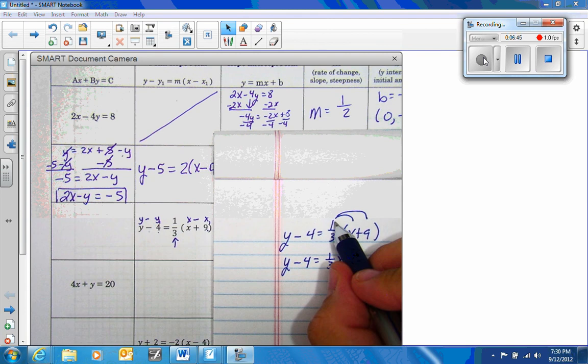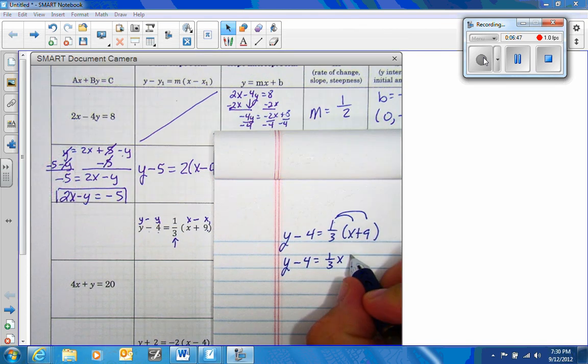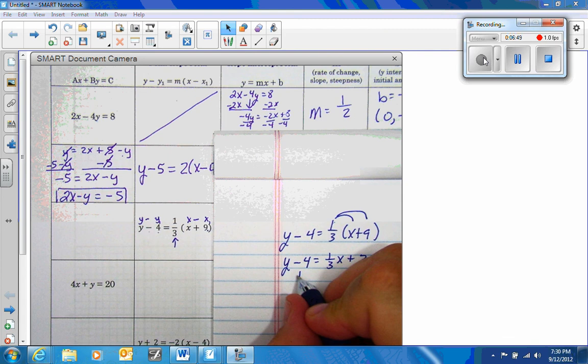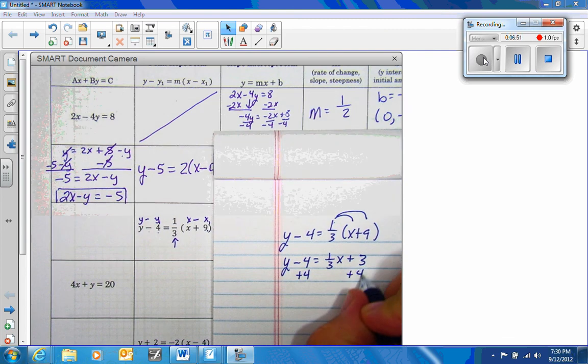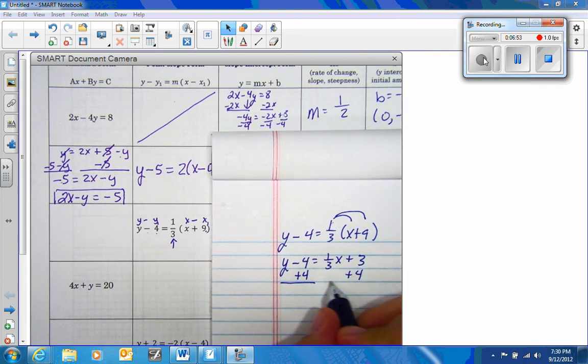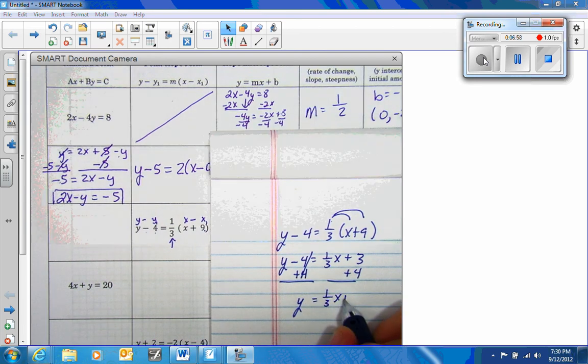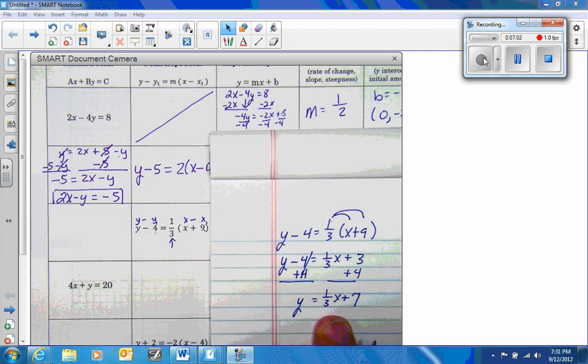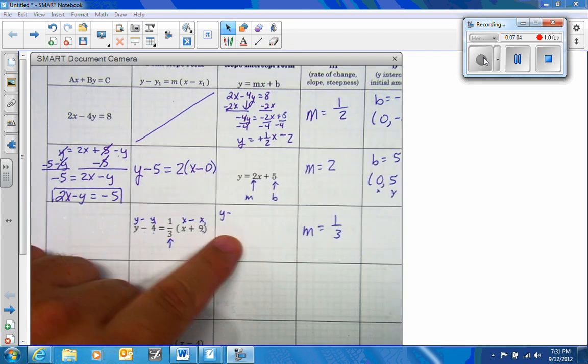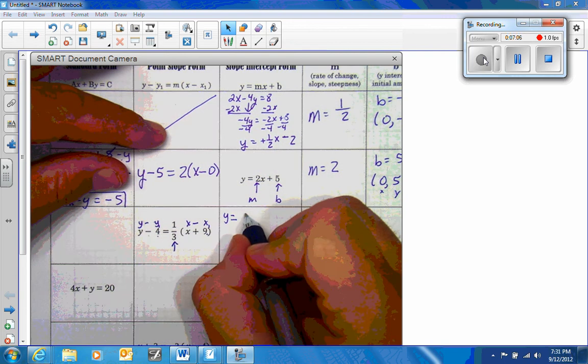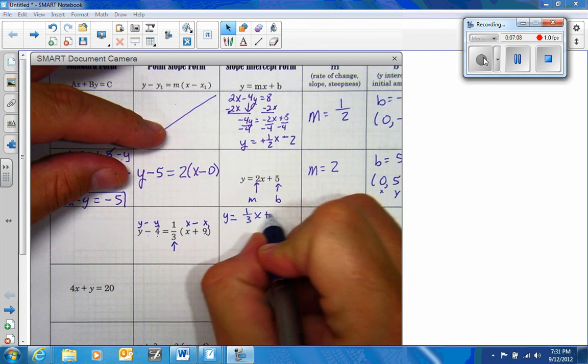Now remember, 1/3 of 9 is 3. I'm going to add the 4 next, and that gives me y by itself equals 1/3 x plus 7. That's what I'm going to fill in here.